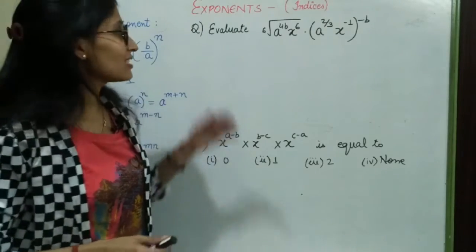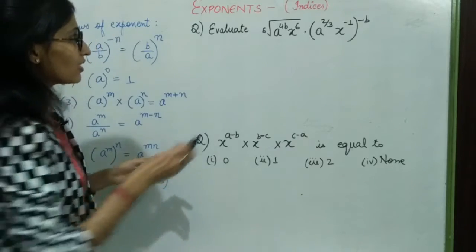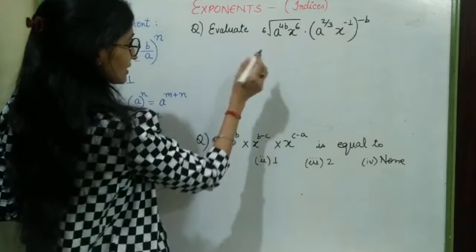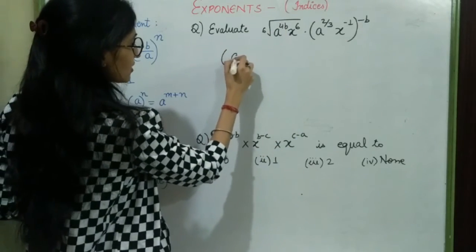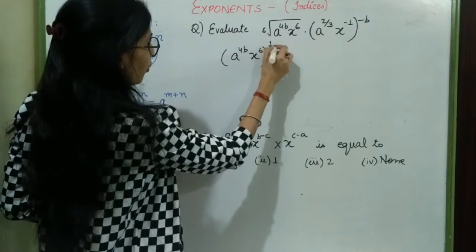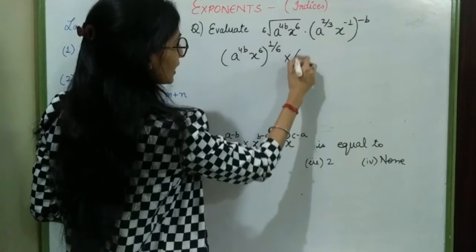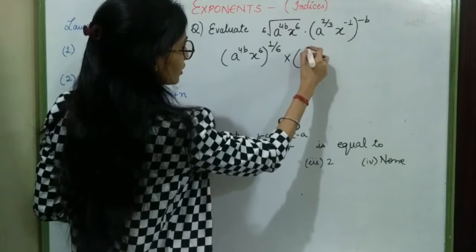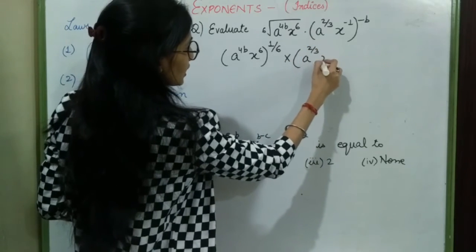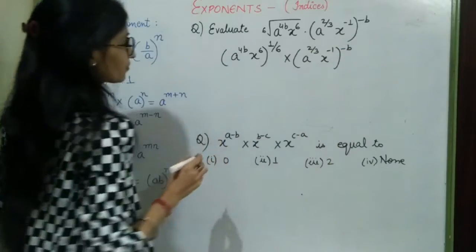My next question is to evaluate this function. So here under root 6 can be written as power 1 upon 6, multiply, a raised to power 2 by 3, x raised to minus 1, into minus b.